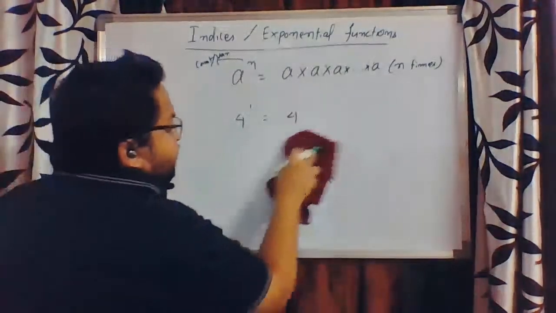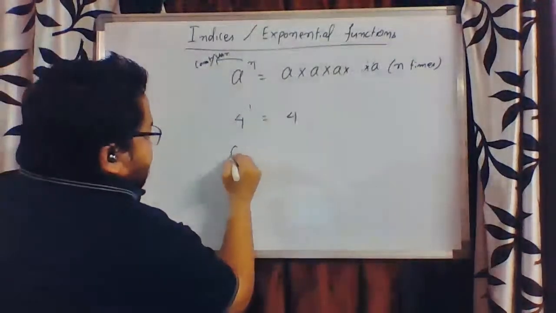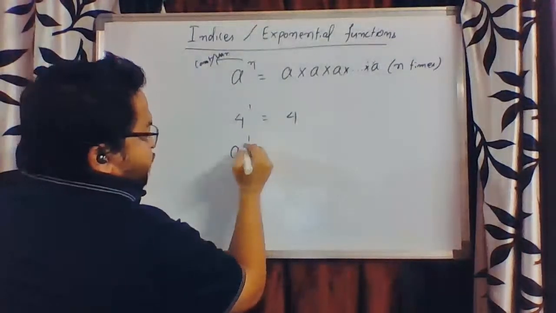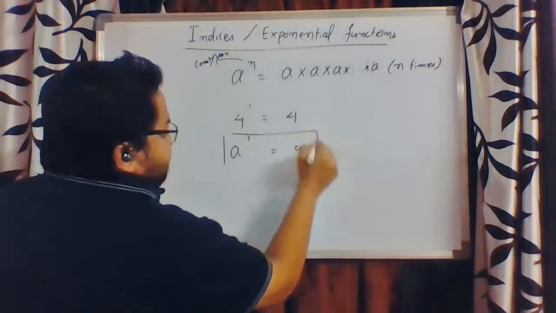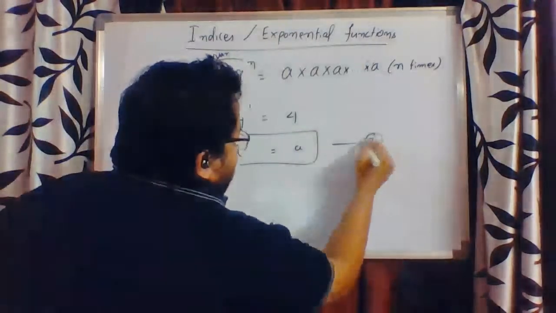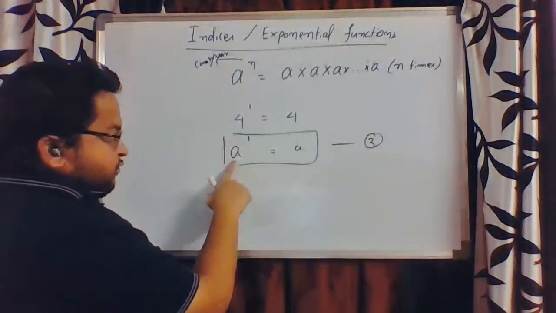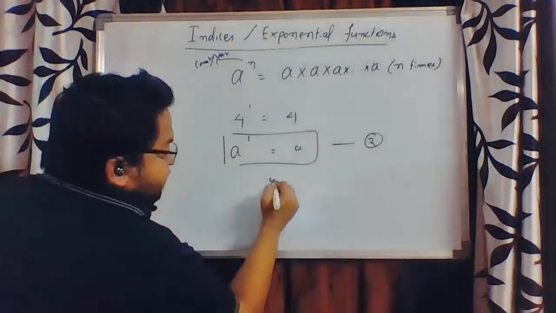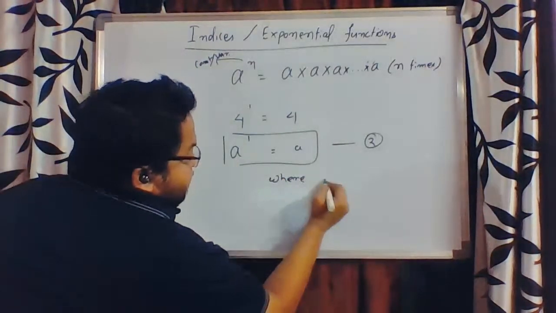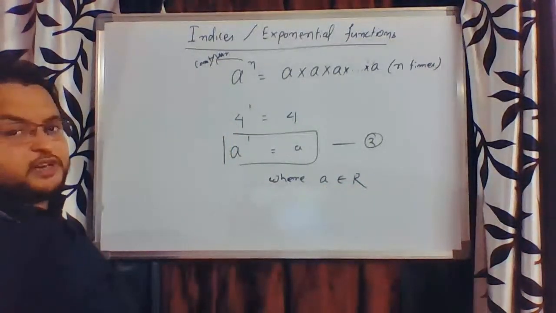So we can write it as our second rule, that A to the power 1 equals A. You can write it as your rule number 2, where A belongs to the set of real numbers.